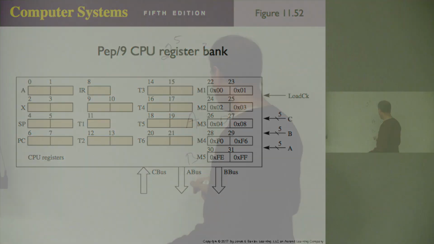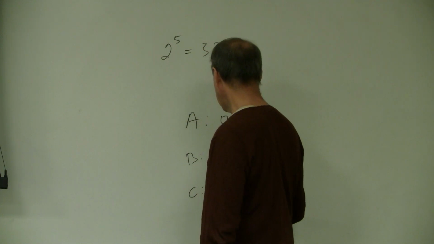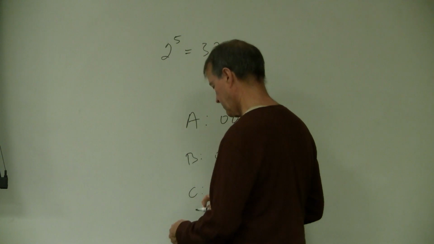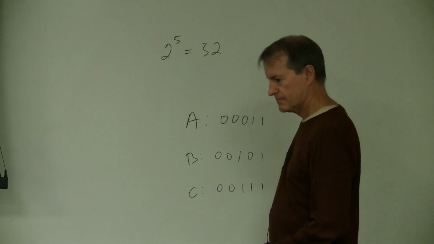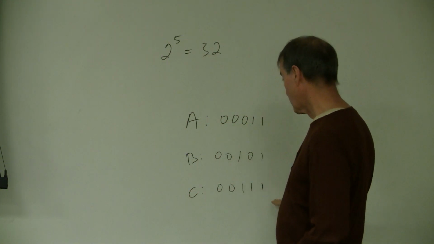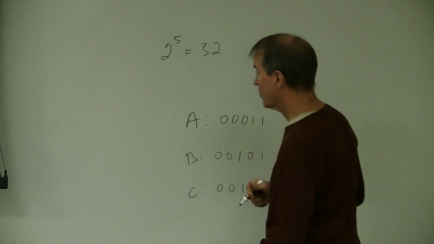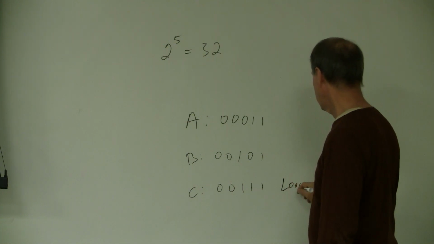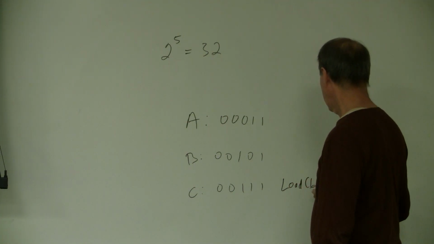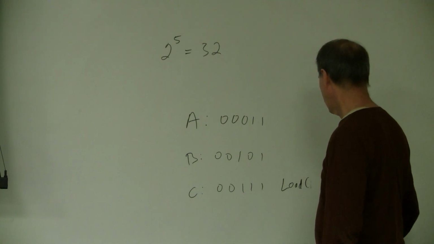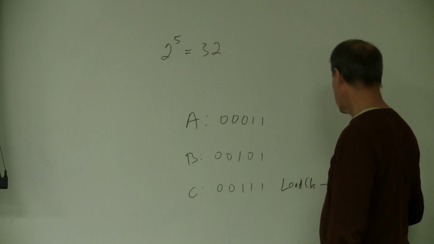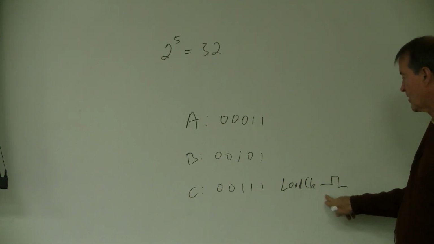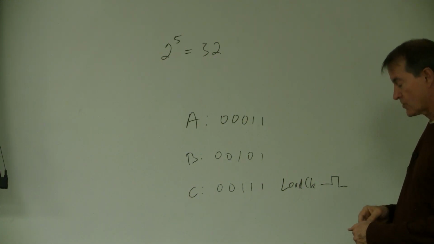And if C is 0, 0, 1, 1, 1, and load CK, and we clock, we put the clock pulse on load CK, what does that do?